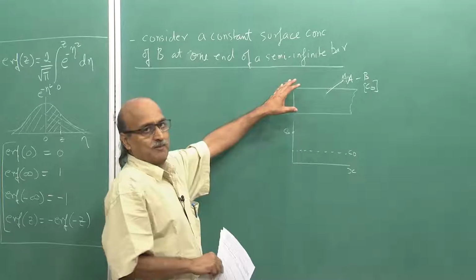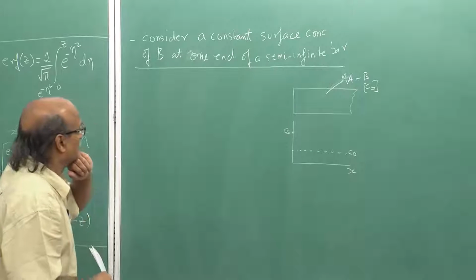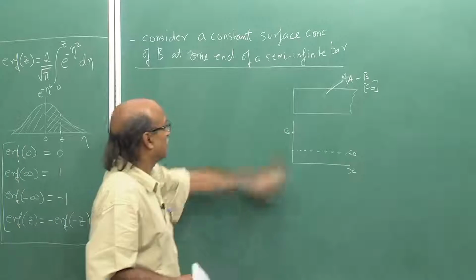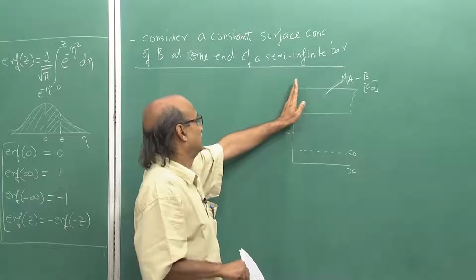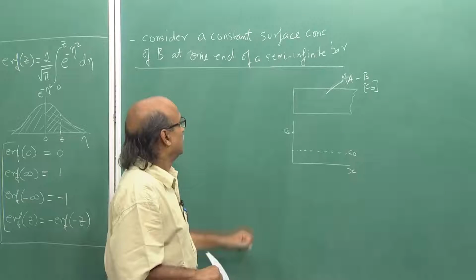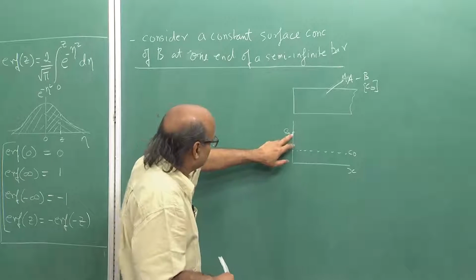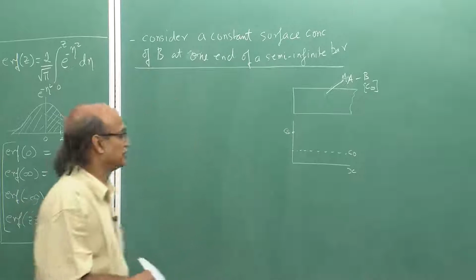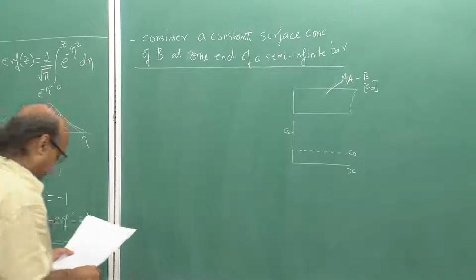This can be done, for example, in the case of carbon, where one can have a carburizing gas that the surface is exposed to in such a way that the concentration on the surface of carbon atoms is fixed at Cs.